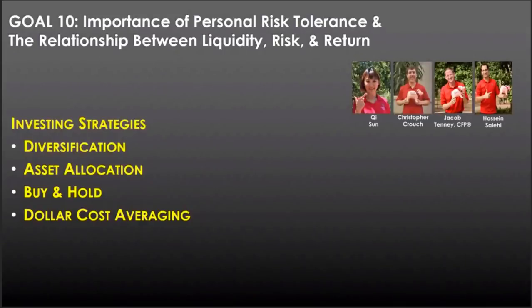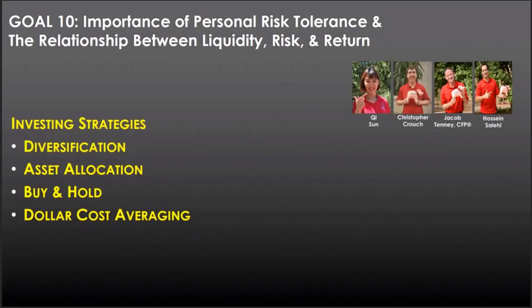There are some investing strategies that you'll need to know. Diversification, I already talked about. That's the idea of spreading your risk out by having a lot of different types of investments. Asset allocation is tied with that. That's more the exact amount. So that's deciding, "Hey, I want 30% in bonds, 60% in stocks, and 10% in a REIT or real estate," something like that.